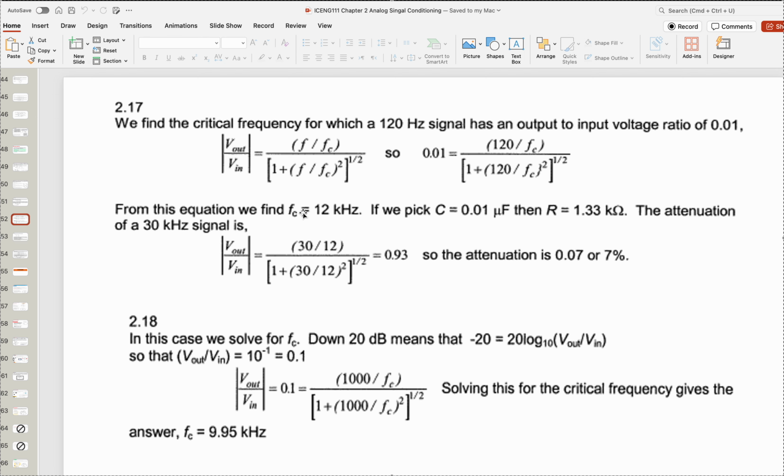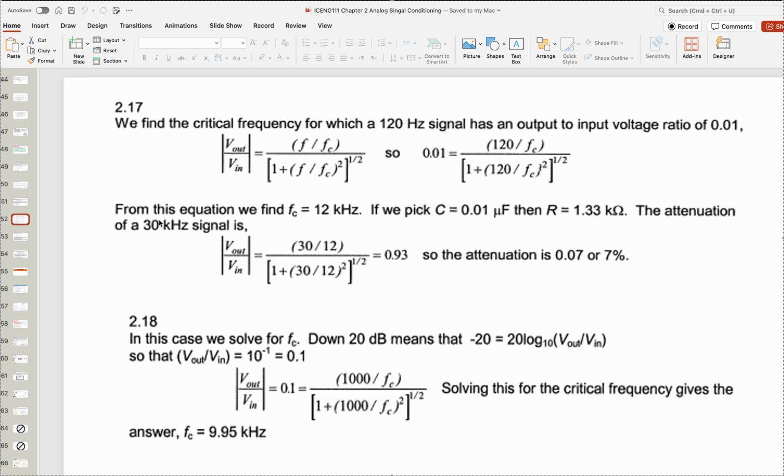In this case, Fc is equal to 1 divided by 2 pi RC, and if we substitute C as 0.01 microfarad, then we can calculate what is the value of R. So here we are designing what are the values of C and R to obtain that 12 kilohertz.